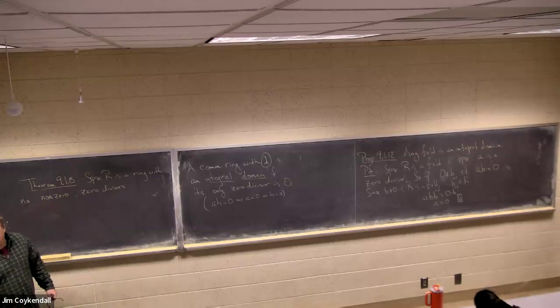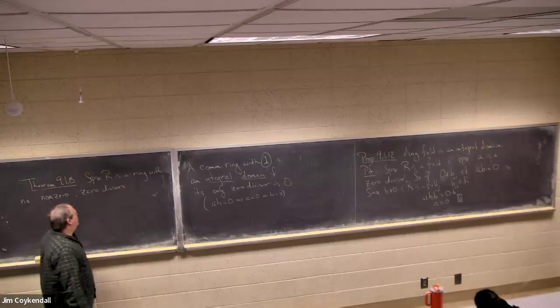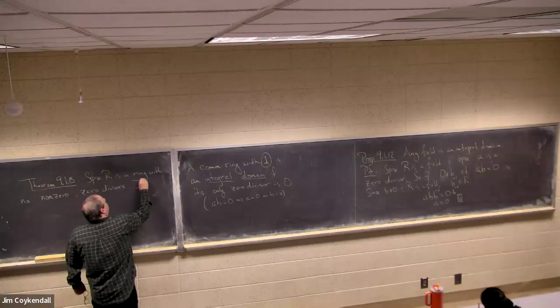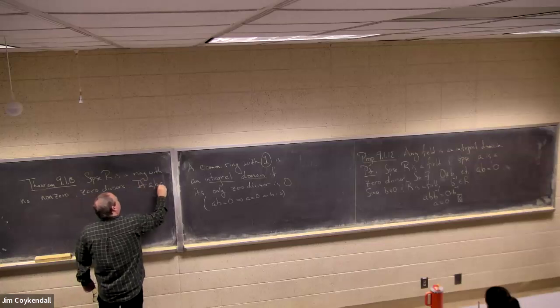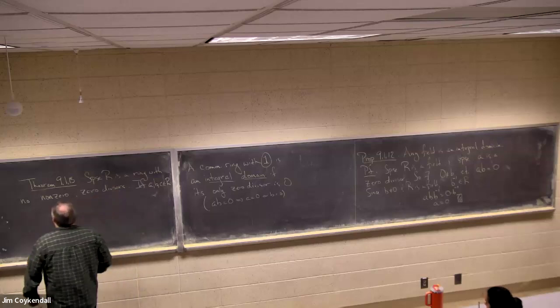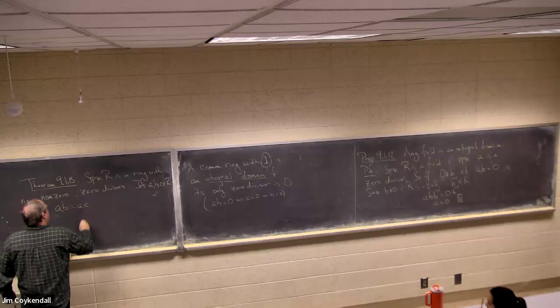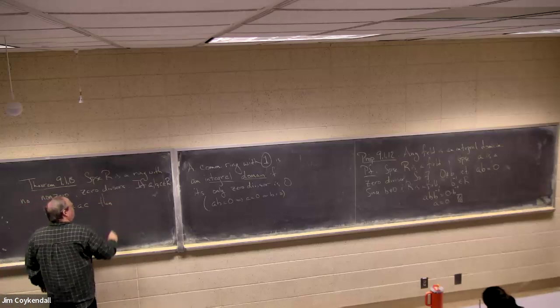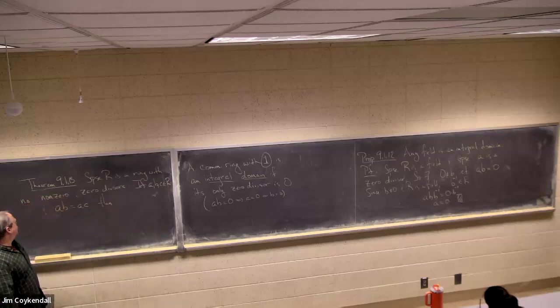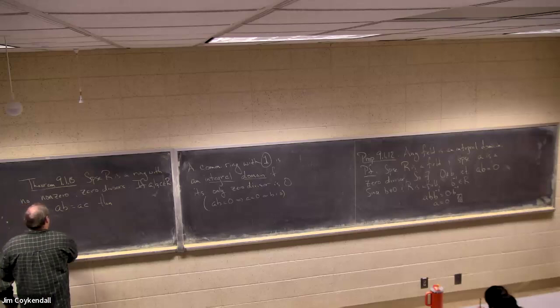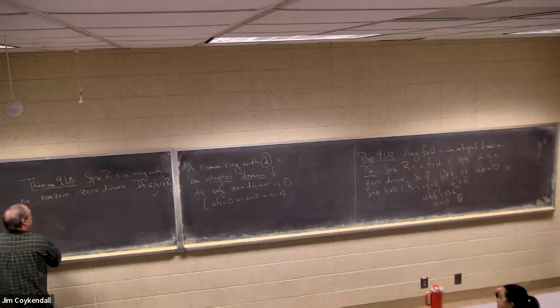That is to say, the only zero divisor is zero. If a, b, c are in R and ab equals ac, then... it's not correct, but that's the thing.